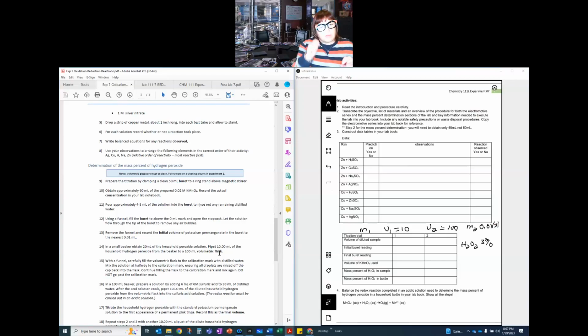You're going to be able to calculate what this M2 is based on the amount of the KMnO4 that you add. Once you've calculated the M2, then you have to go backwards. Remember that you need to multiply by 10 to get that original concentration. So don't forget about that part.